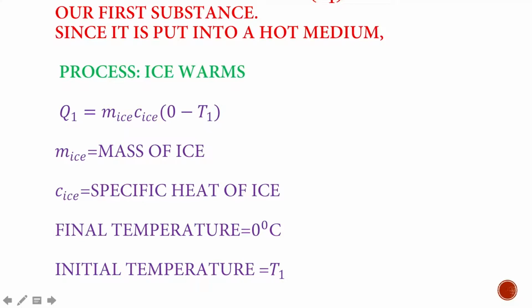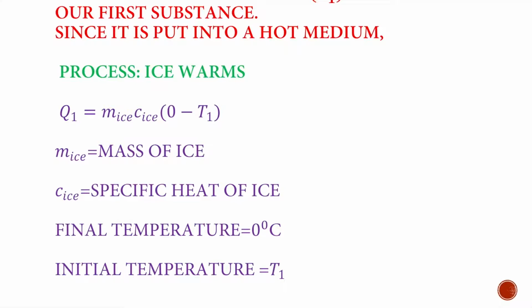First thing is ice at a temperature less than 0 degrees Celsius, that is T1 degrees Celsius. So the first process is ice warms, that is, ice absorbs heat energy from the hot water and then it warms to 0 degrees Celsius. There occurs a temperature change.